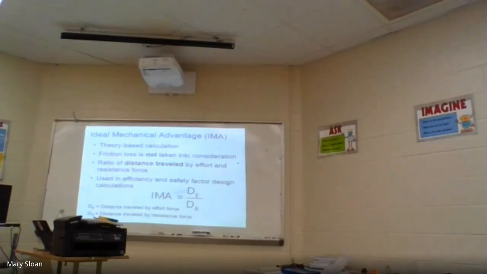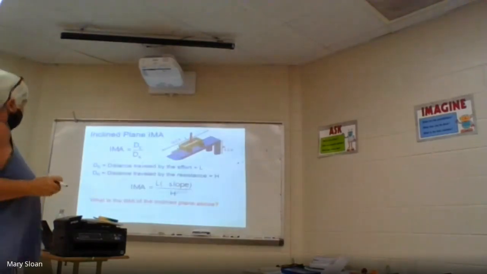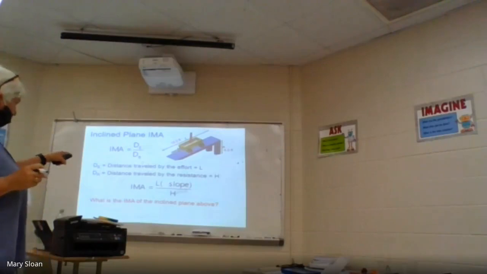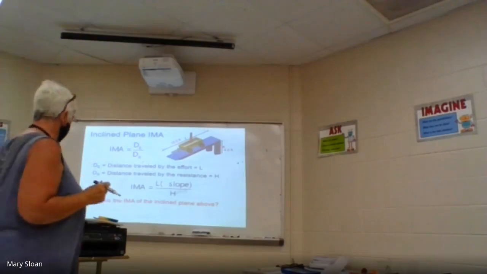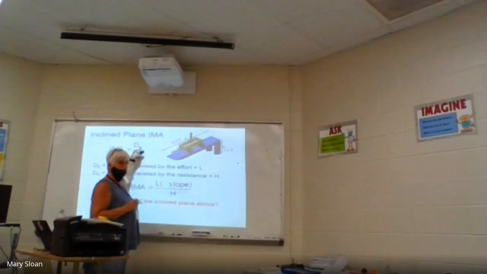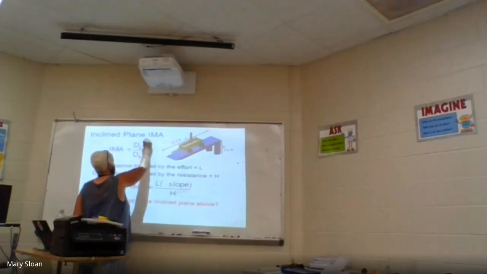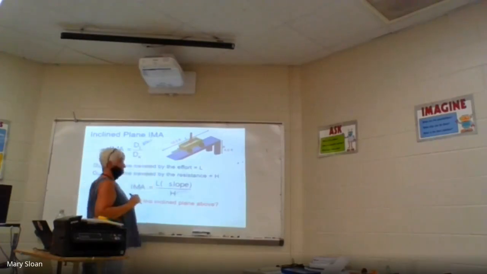Okay, so Kate, let's look at this equation. What is the IMA of this inclined plane above? First thing that we're going to do is it tells us IMA is equal to dE over dR. What does dE stand for? dE is distance traveled by effort. And Kate, what is dR?